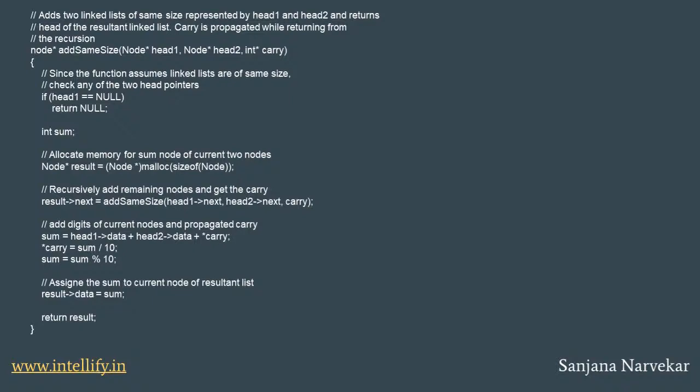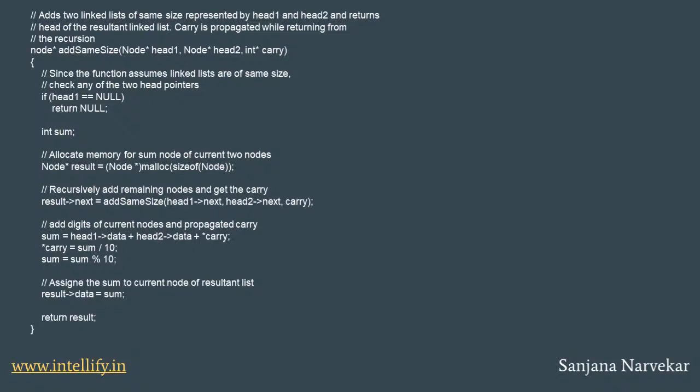Now the linked lists of the same size are represented by head 1 and head 2, and it returns the head of the resultant linked list. Carry is propagated while returning from the recursion. Here I have added comments to the respective code lines, so it will be easy for you to understand the code.